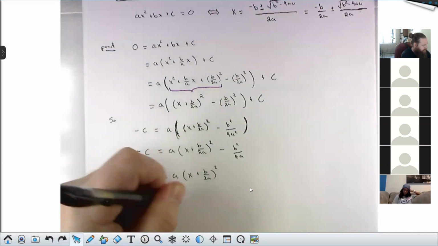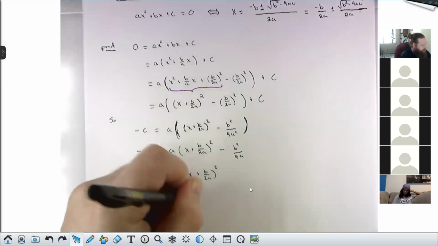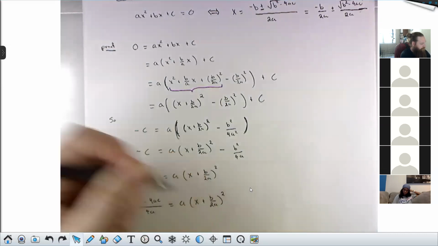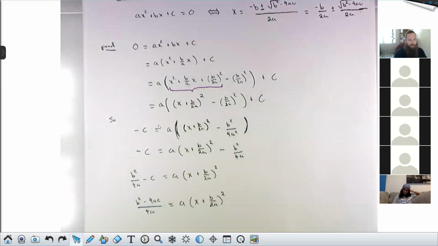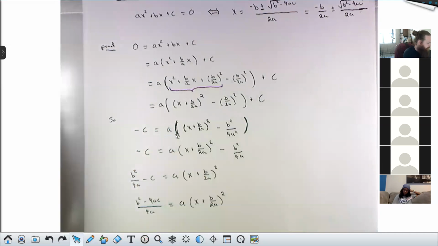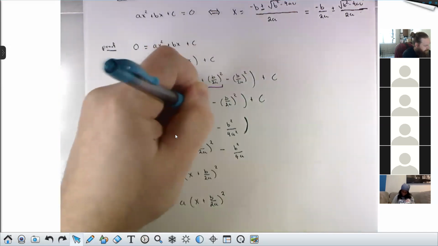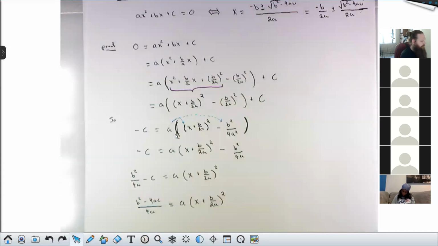I have a question. What's up? So why does 4a squared end up being 4a again? I'm distributing this a. So from here, I'm going to distribute that a to this term and this term.